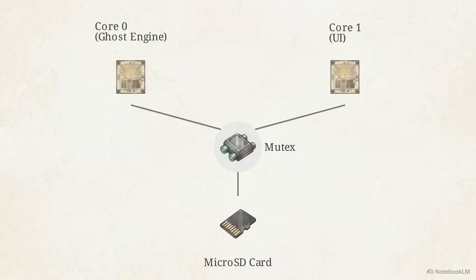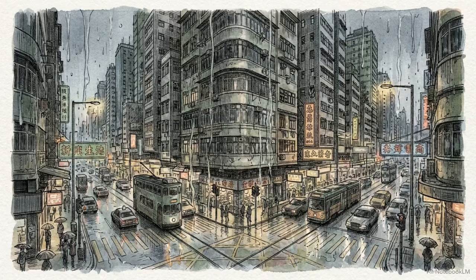The solution is a FreeRTOS mutex semaphore, a strict lock and release mechanism that blocks one core from the SD card while the other finishes its transfer. Stable architecture requires this level of strict arbitration because chaotic field conditions expose concurrency bugs that sterile lab environments hide.